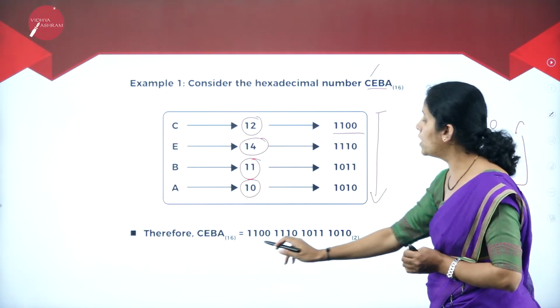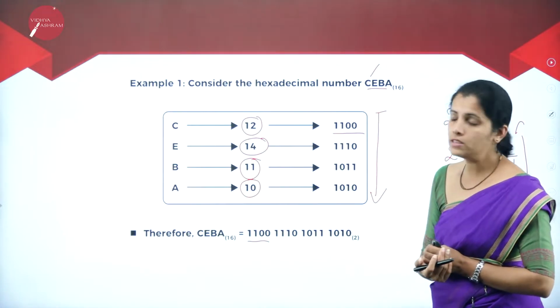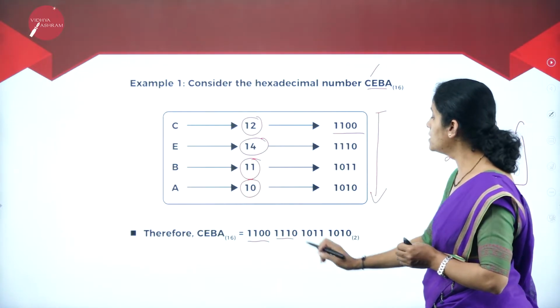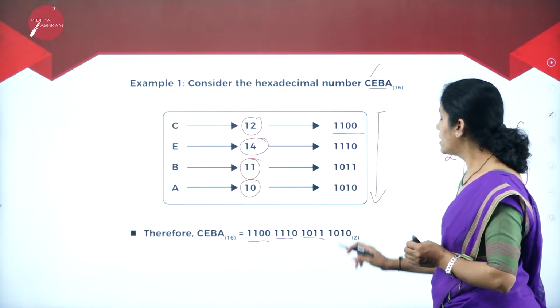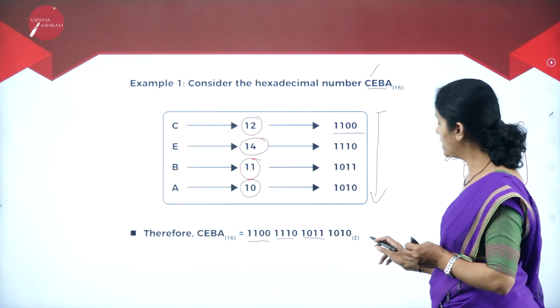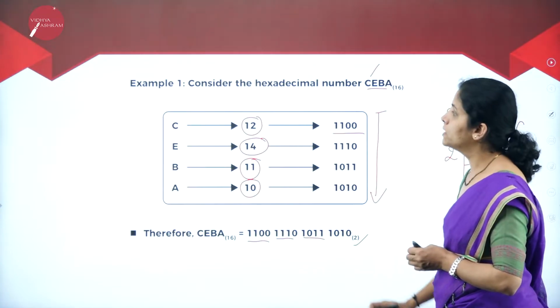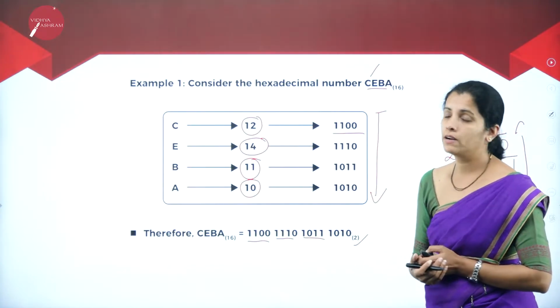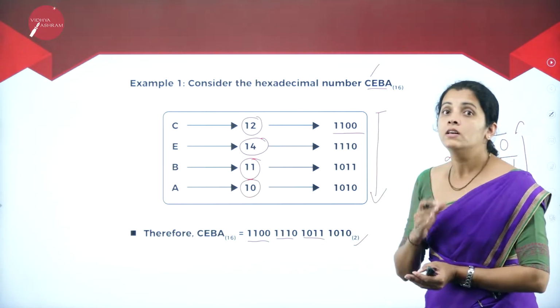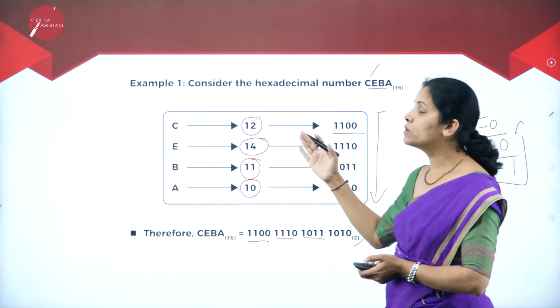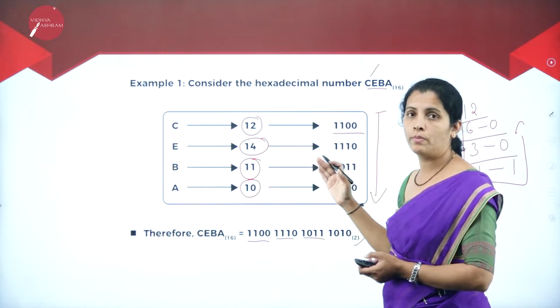So I'll write 1 1 0 0 first, then 1 1 1 0, then 1 0 1 1, then 1 0 1 0, and it's in binary. So this is the way I can convert a hexadecimal number to binary.